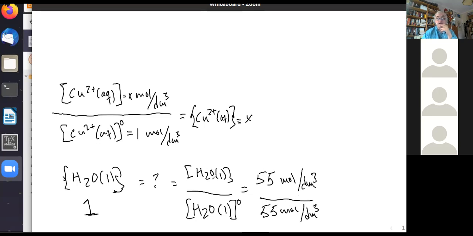But it's quite cumbersome to write this concentration and then the standard concentration and make a quotient of it every time you want to use this unit 1 in an equilibrium expression, for example. So then it's very convenient to have the activity concept.